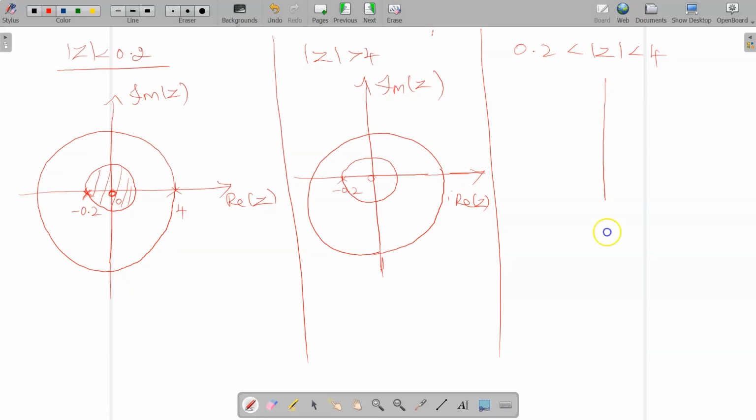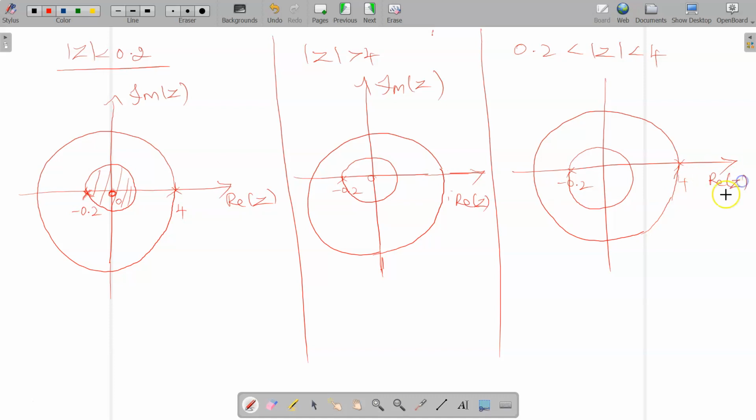Similarly, for the second and third ROC also, we will get minus 0.2 and 4, and across the poles draw one circle. The x-axis is the real part of z, the y-axis is the imaginary part of z.